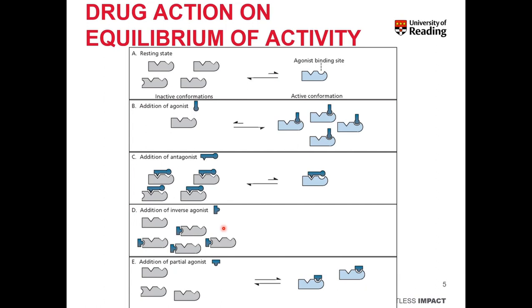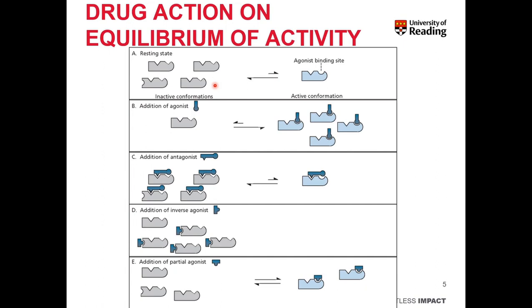Now, if we add a partial agonist to our population of receptors, this means that we will have some, or a majority, that are inactive, but we'll have some which are partially activated as well. And so the addition of a partial agonist puts the level of activation at less than that we would get if we added a full agonist, but we have more in the active conformation than in the absence of that partial agonist.